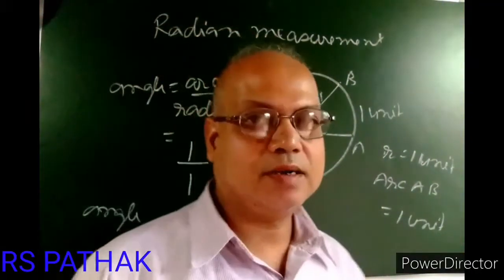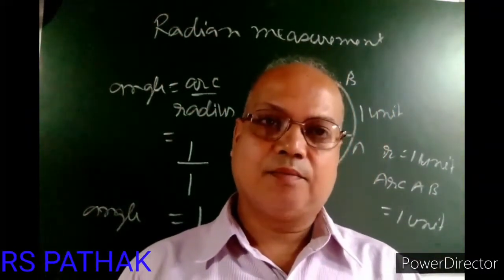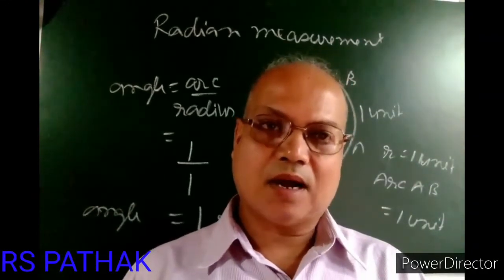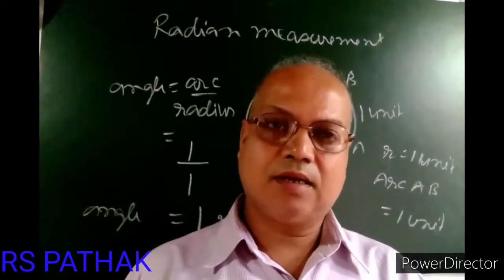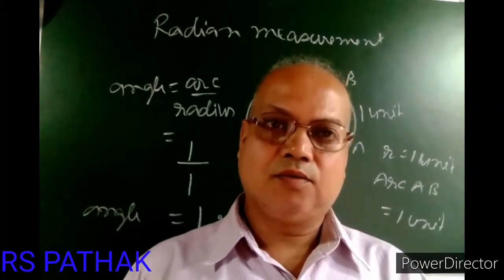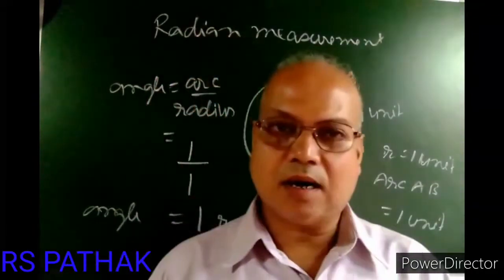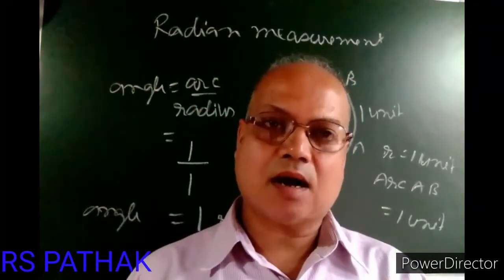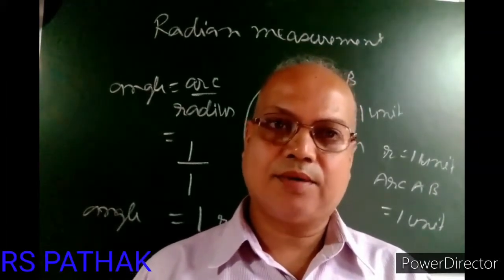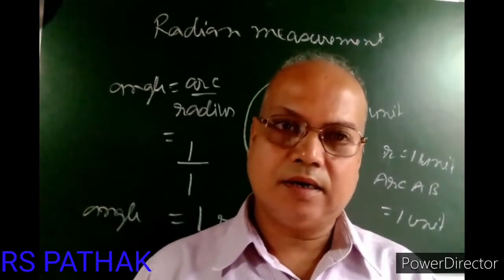Then radian can be defined as the angle subtended by an arc of length 1 unit at the center of a circle of radius 1 unit is said to be 1 radian. Once again, the angle subtended by an arc of length 1 unit at the center of a circle of radius 1 unit is said to be 1 radian.